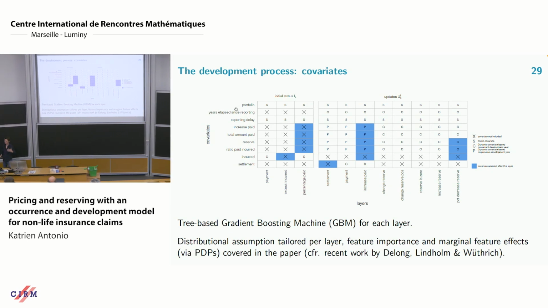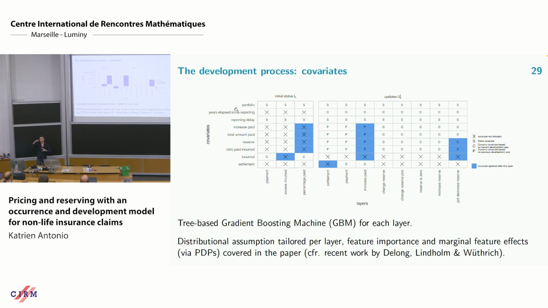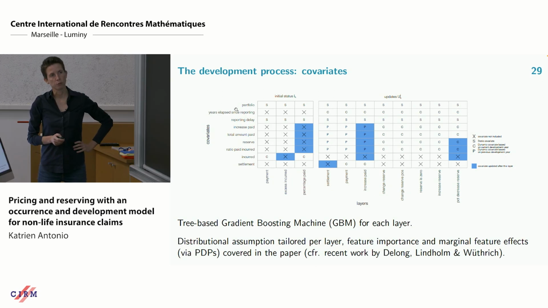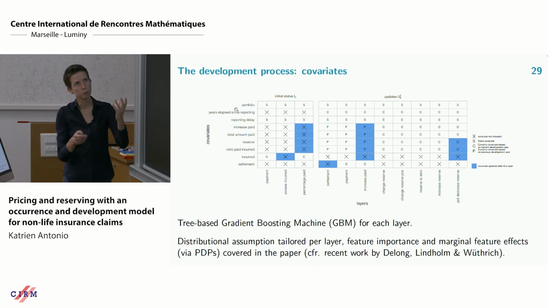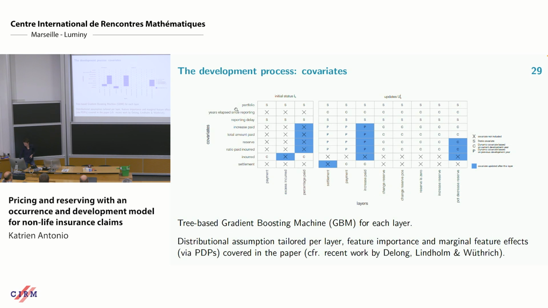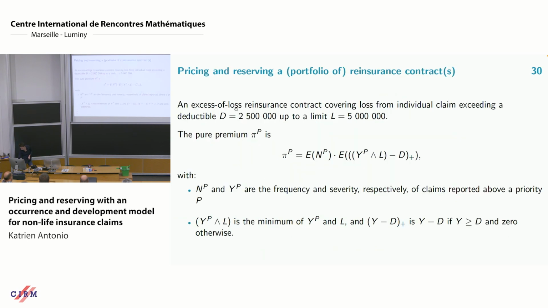We also show with PDP plots how these different components or these different predictions for the layers change depending on some marginal feature effects. And if you look at the ideas, we're much in line here with recent work by Professor De Long, Lindholm, and Wüthrich, who also worked with a reinsurance reserving case study.